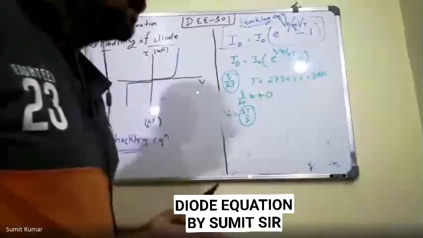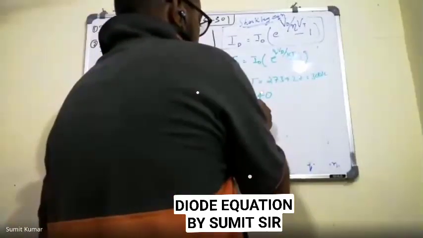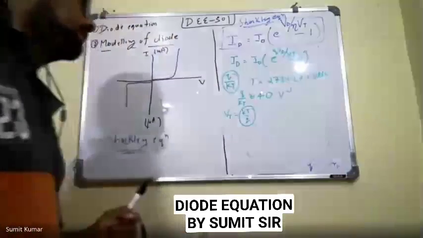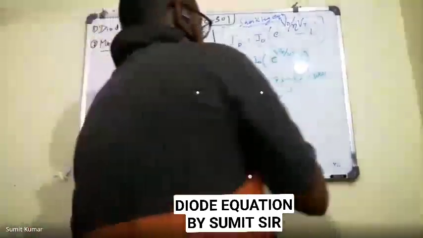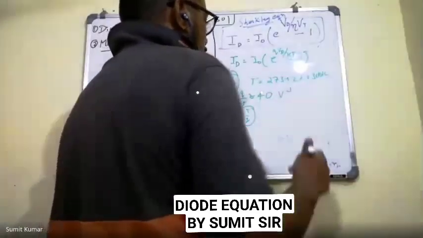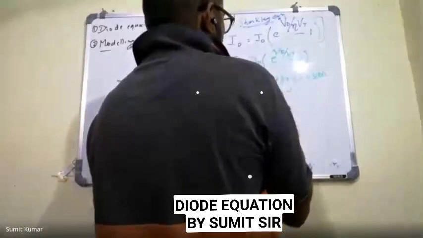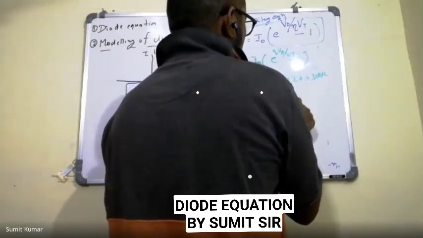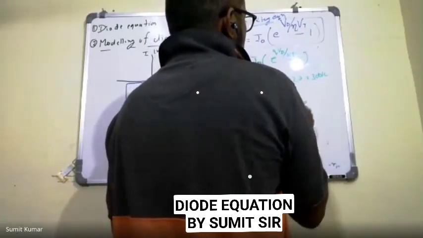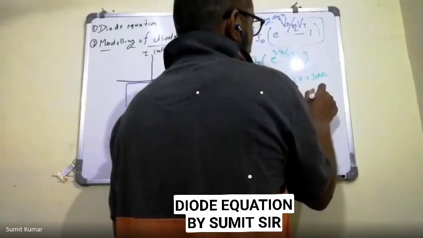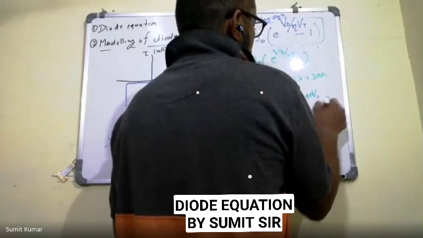Now we put this value here, and the equation becomes: ID equal to I naught e raised to the power 40 times Vd, minus 1.